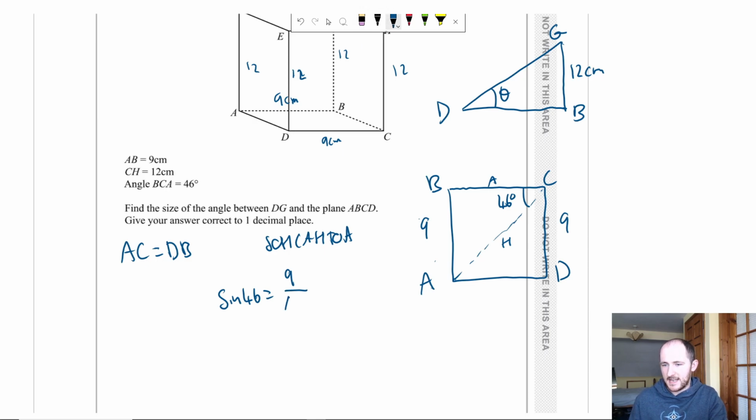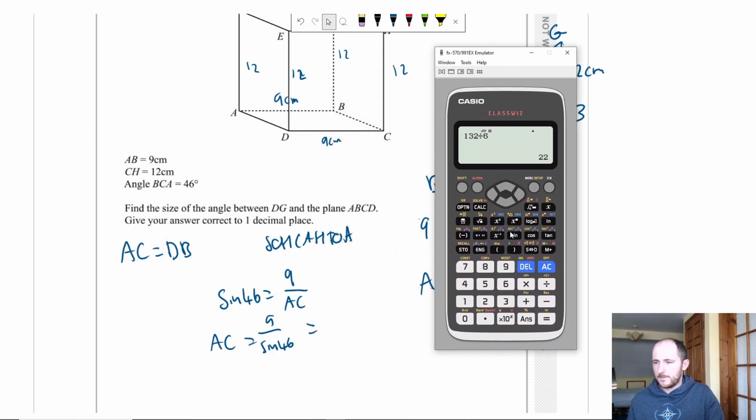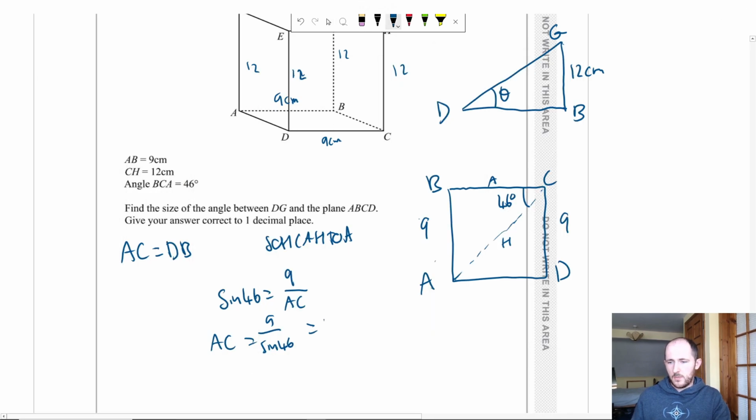Over AC. So multiply both sides by AC and then divide by sine 46. You get 9 over sine 46. We get 12.5, let's call it. Which is the exact same as DB here, which is 12.5 centimeters.